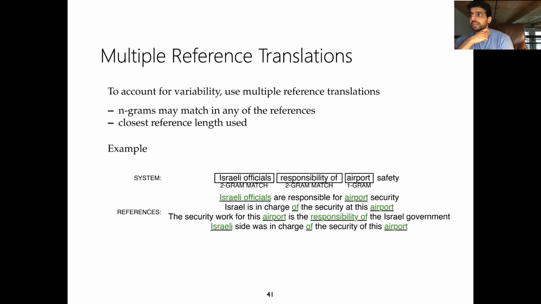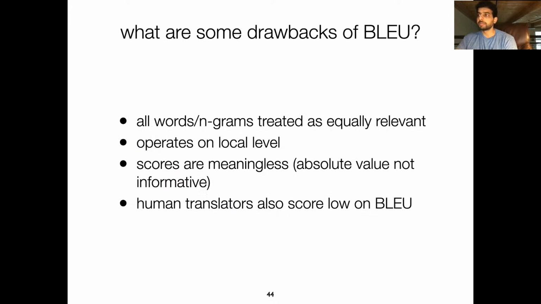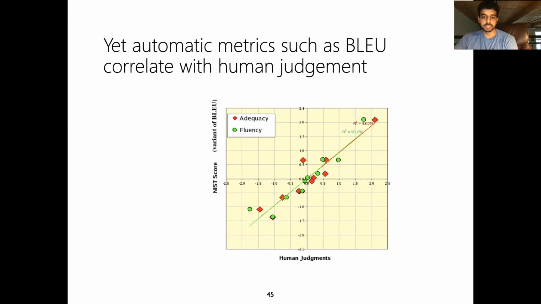Has the model generated the right number of nouns and verbs? Maybe that could be a reasonable thing, but in general, you care more about the actual words themselves that the model is producing, right? For example, here, if I produced submarine instead of airport, I would get the same part of speech tag, but the meaning is completely different. So yeah, in general, we don't incorporate part of speech into these evaluations.